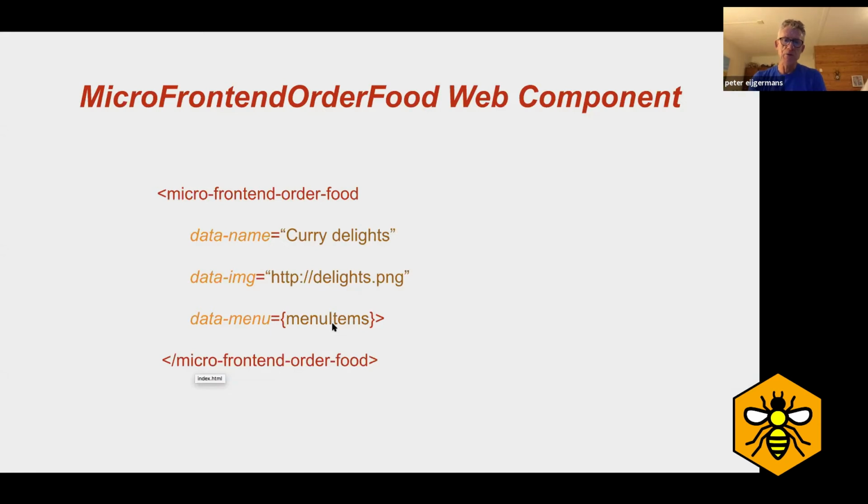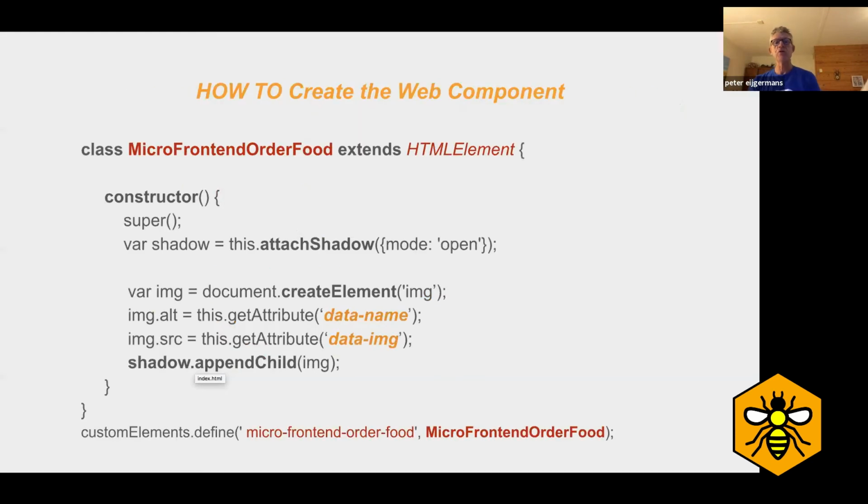And how can you spin this up, this HTML element? Here I show you how you can create a web component. You always start with a class, and there you give it a name. I gave it the name of my micro frontend order food, and it extends the HTML element. And with the HTML element, we can create custom HTML tags, you can say.